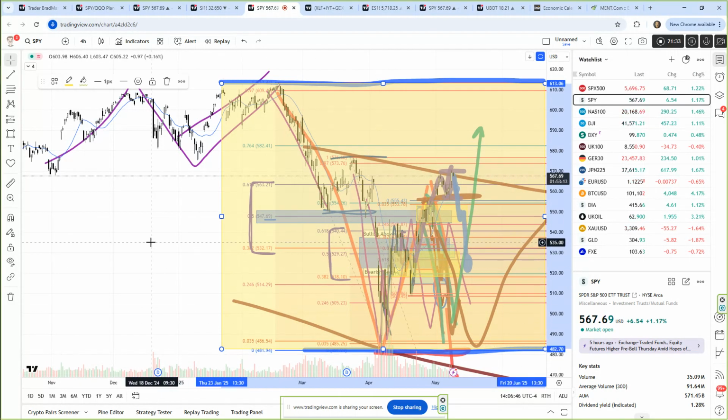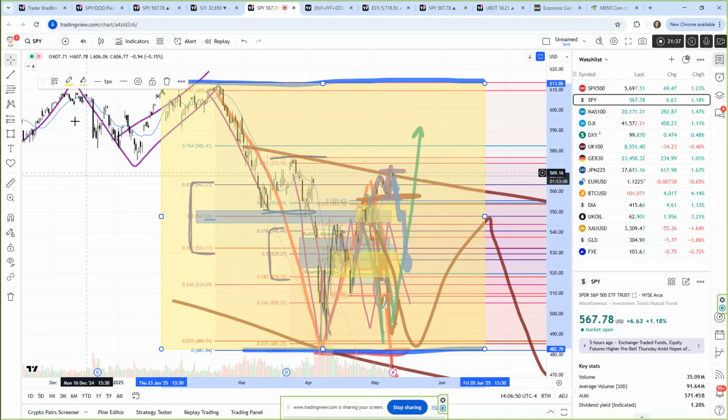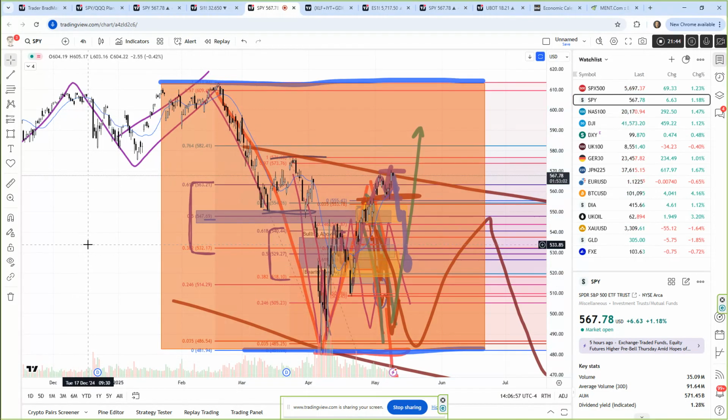See that big yellow box? I'll make it darker for you so you can see. You see that big brown yellow box? That is consolidation. Okay? Until we get outside of that range, we are in very broad consolidation.